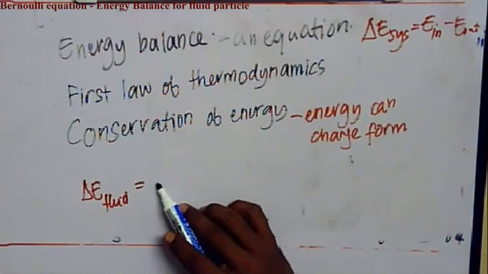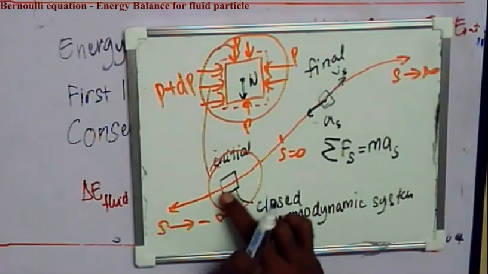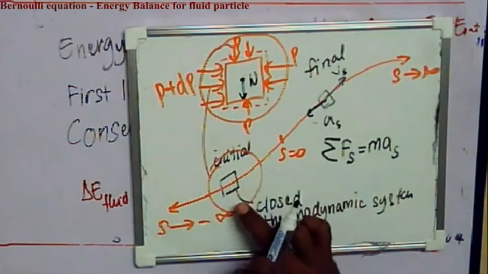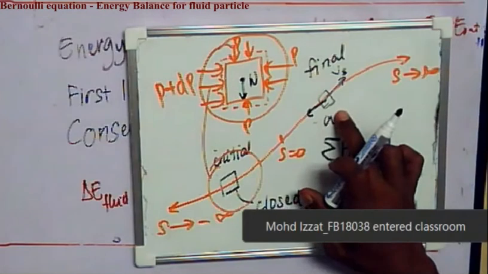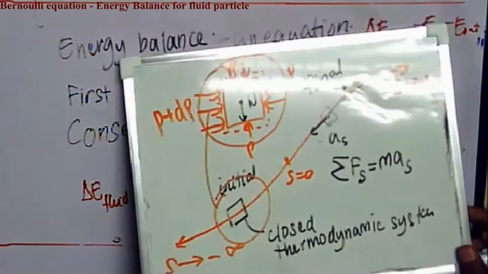It can be heat, it can be work, it can be energy of the mass entering and leaving the boundary of the thermodynamic system. When we consider a closed thermodynamic system, there is no mass flow. So all the energy change as the fluid moves from this location to that location is only contributed by the heat transfer and work transfer.